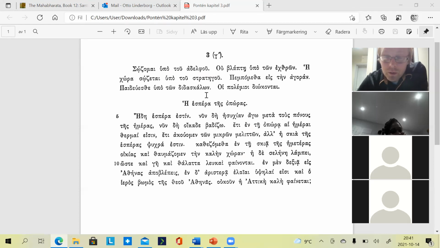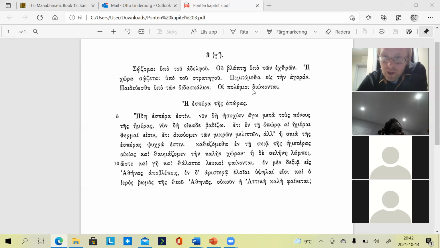But not a very bad guess, actually. Nigel has the enemy are being pursued. This is correct, I would say. So of course we have hoi polemioi, the enemies in the plural in the Greek, but probably in English the enemy in the singular is better. And the enemy, what happens to them? Well, they are being pursued.